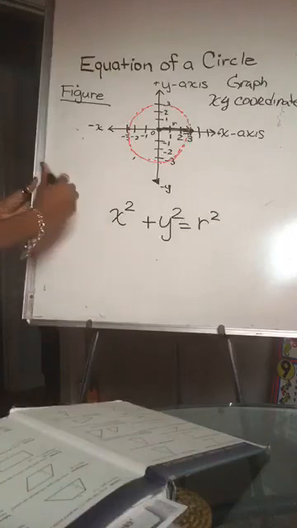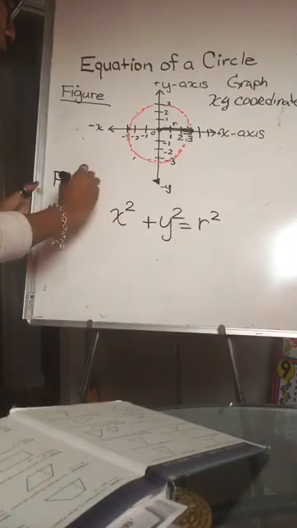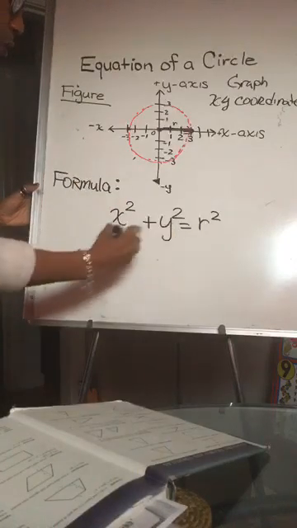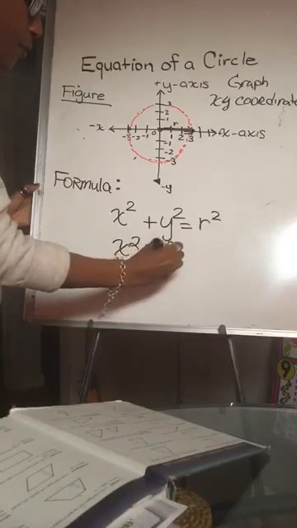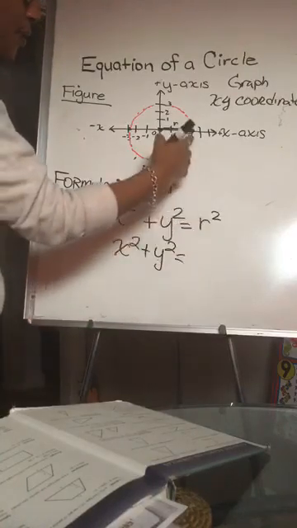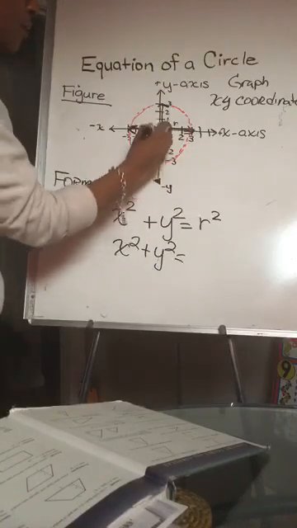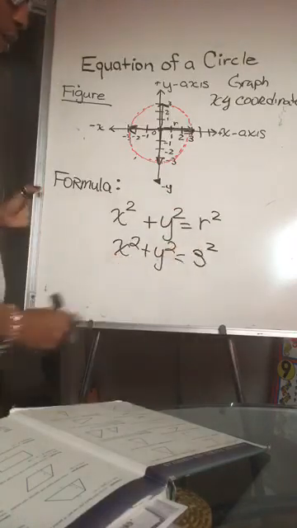This is the formula for an equation of a circle. So all we have to do is bring down our x squared, y squared, and what is our radius? Our radius from each point around the circle is 3, and we square it.